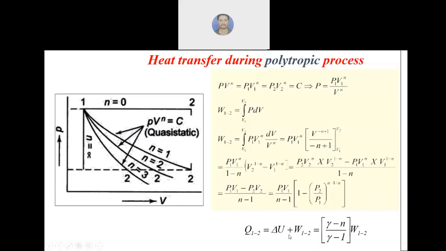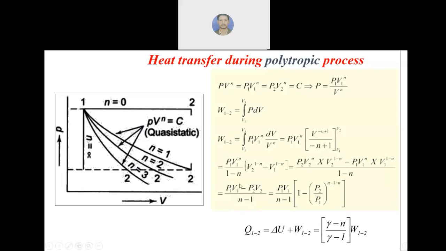So write down the first law of thermodynamics, and it will give you nothing but this much. When you put the values and simplify, you can go through the internet, you will find the derivation. So this is the work done, P1 V1 minus P2 V2 whole divided by n minus 1.